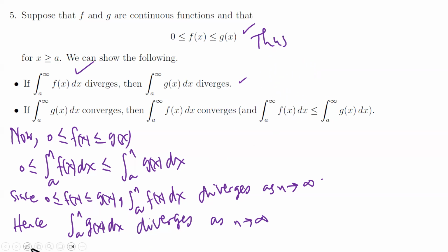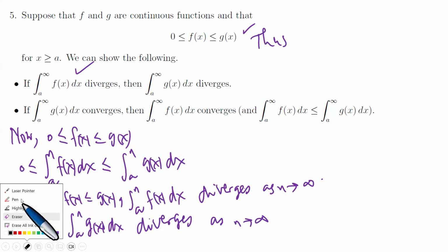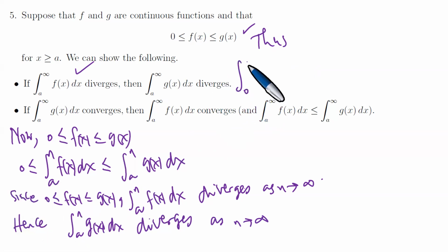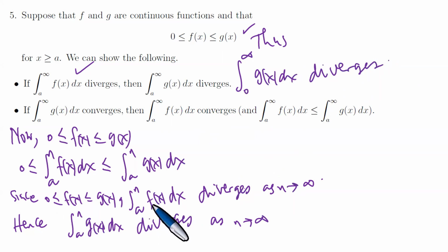Thus, we can say the integral of g of x dx diverges. In other words, we are recapping on these divergence results, but we shall move faster to make sure that we just go through the theorems.